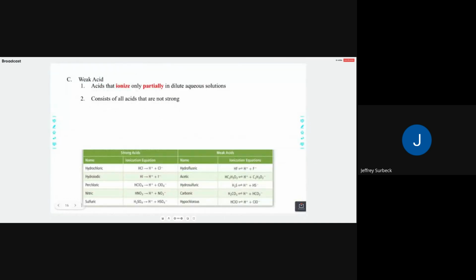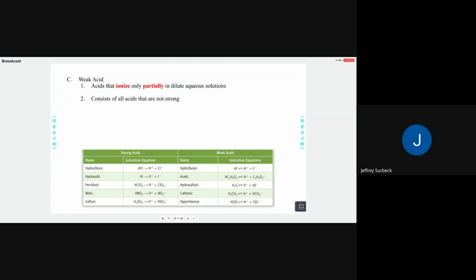A weak acid. We talked about strong, now we talked about weak. Now, remember, in our class, we're going to keep the Bronsted-Lowry acid and base definition, and our Bronsted-Lowry acid base says an acid is an H plus donor, a base is an H plus acceptor, okay? They only partially ionize.